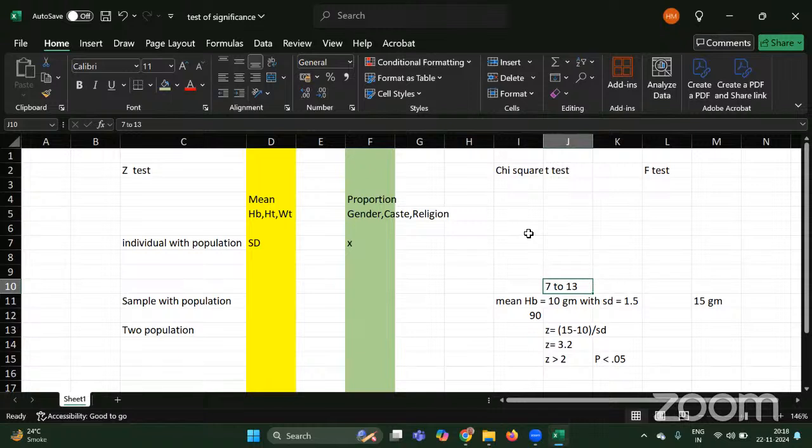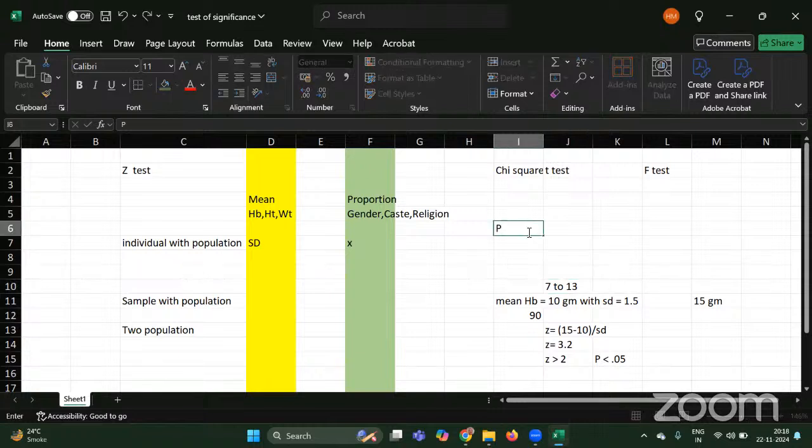What other things you should understand: P less than 0.05 means significant. It also means not by chance.